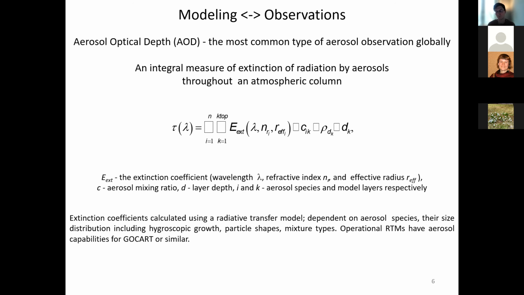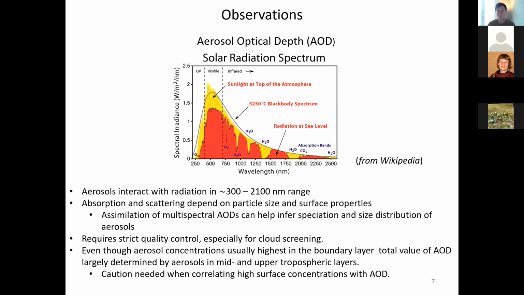So we can go to slide 7, which is just showing how aerosols interact with radiation across the spectrum. It's roughly from 300 to 2100 nanometers that this interaction is significant. And as I mentioned, absorption and scattering depend on particle size and surface properties.